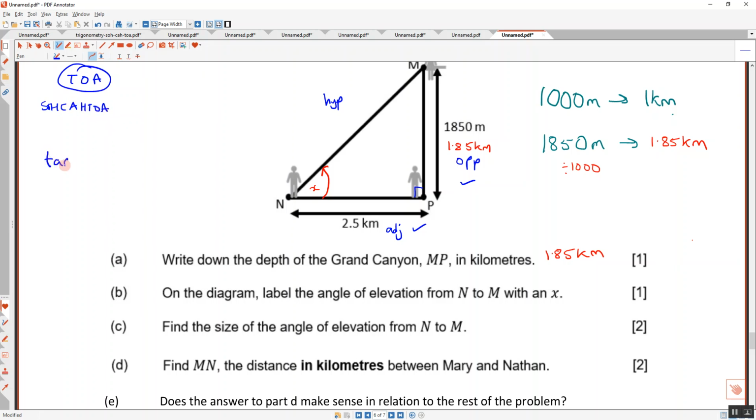So tan of the angle is equal to opposite 1.85 divided by 2.5. We're using the same units. We're working out the angle, so I need to do the inverse of this.